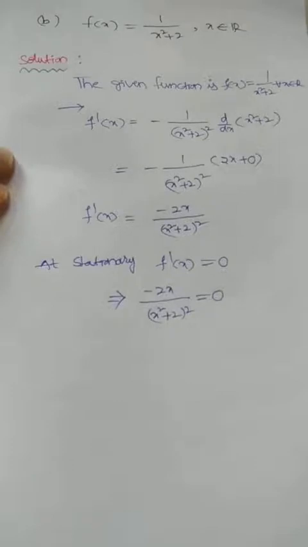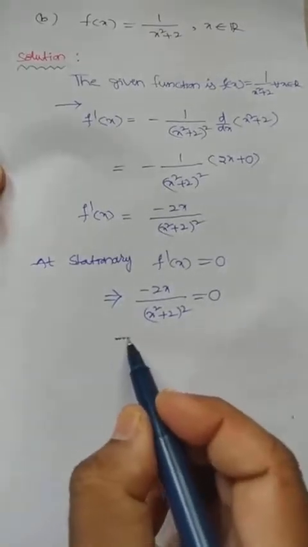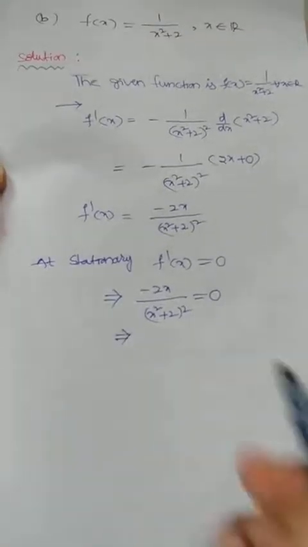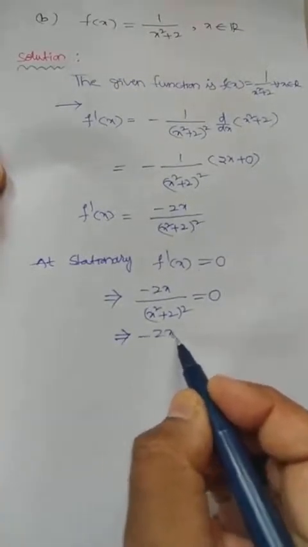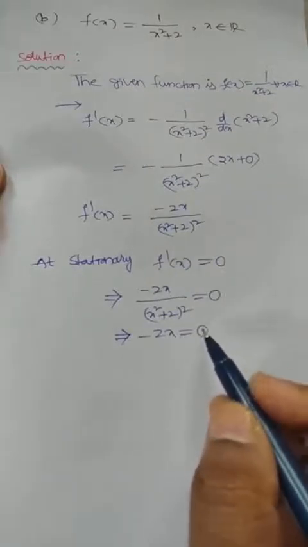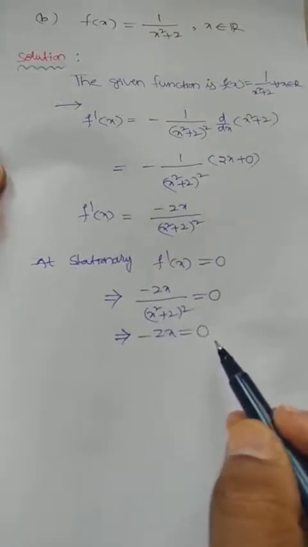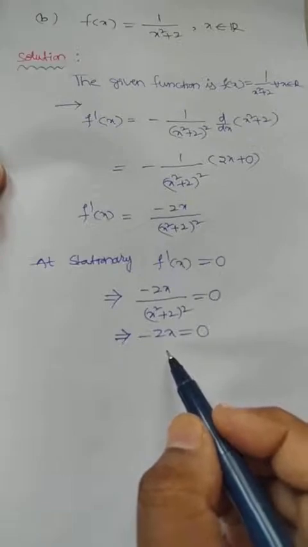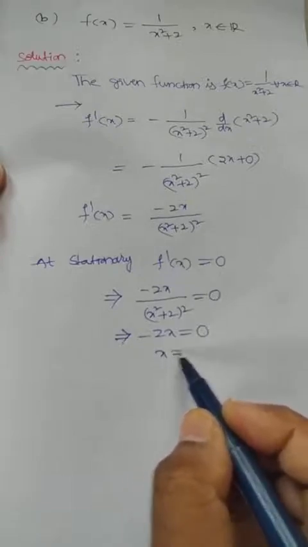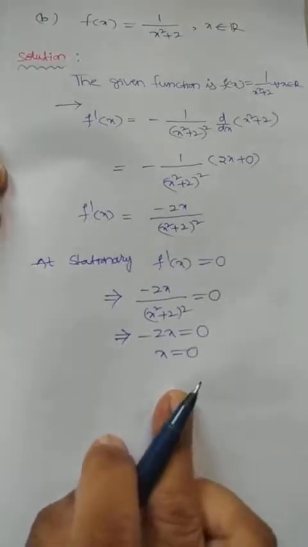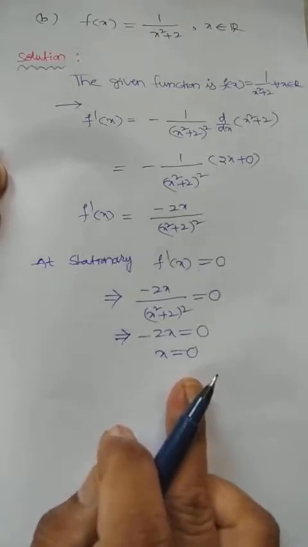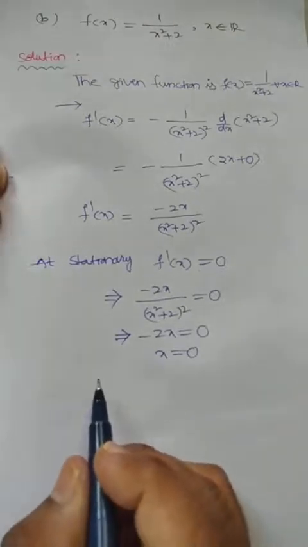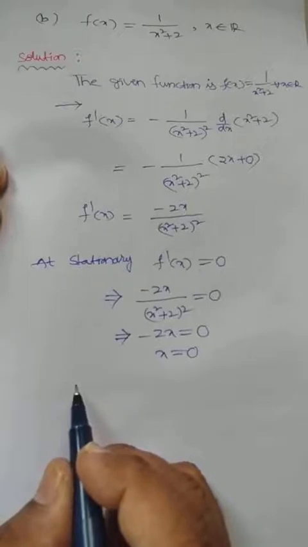So we are getting the stationary value. That implies minus 2x is equal to 0. The denominator can't be 0 for this. So that implies x is equal to 0. We got the stationary value, x is equal to 0.